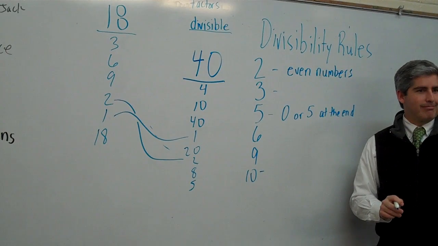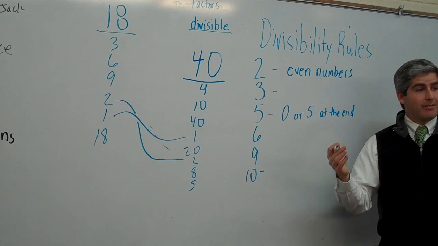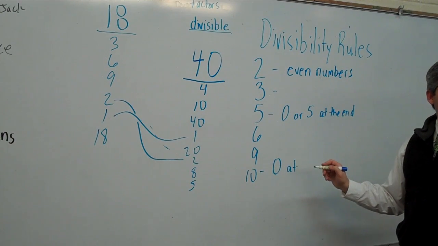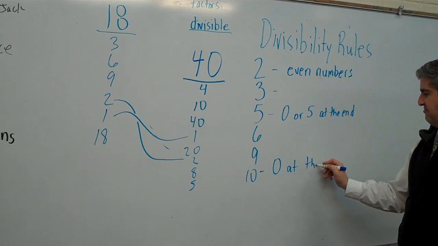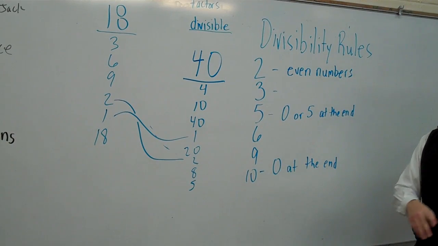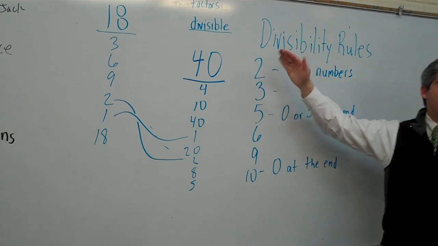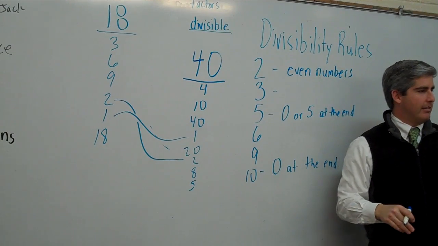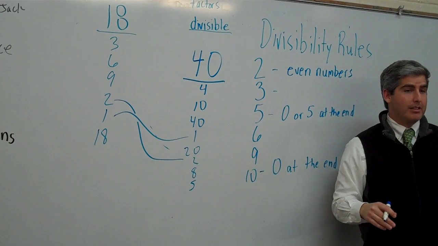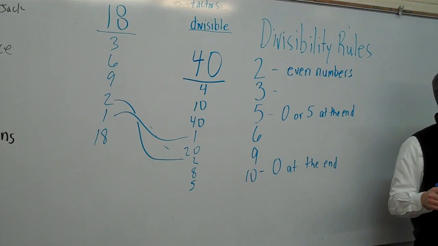It always has a 0 at the end. Any multiple of 10. So, if you have a number that's even, you know it's divisible by 2 instantly. If it ends in a 0 or 5, you know it's divisible by 5 as well. If it ends in a 0, you know it's divisible by 10.